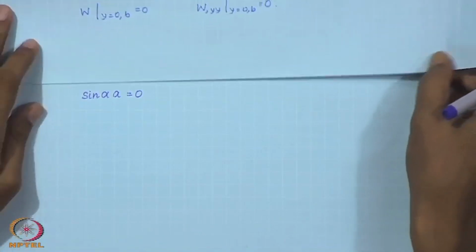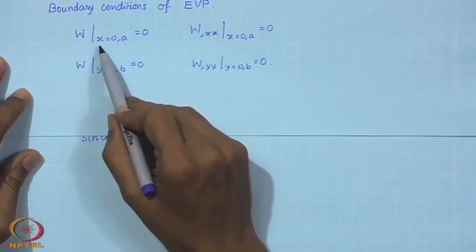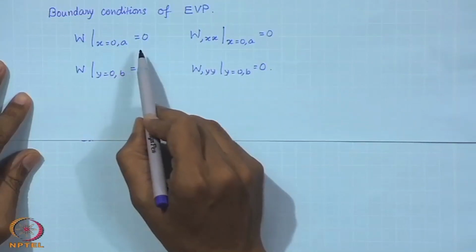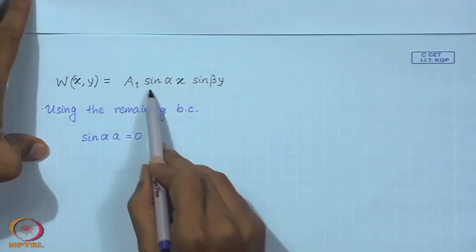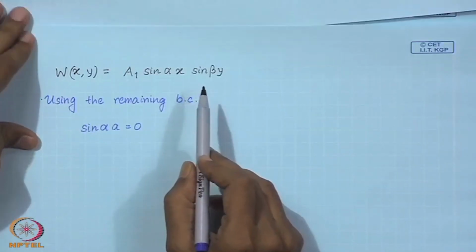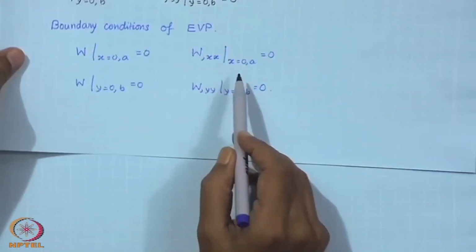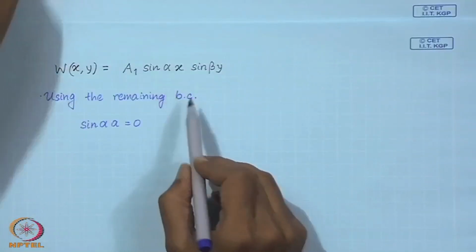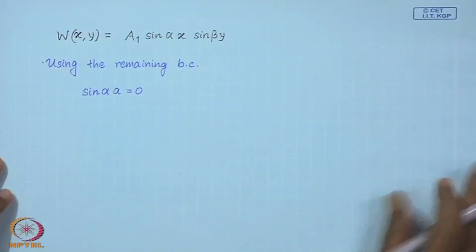For example, when you use w at x equal to a equals 0, sine of alpha a for all y must be 0, and when you take the double derivative with respect to x, again you will get sine of alpha a equal to 0.